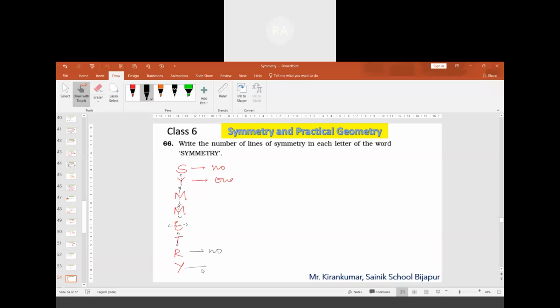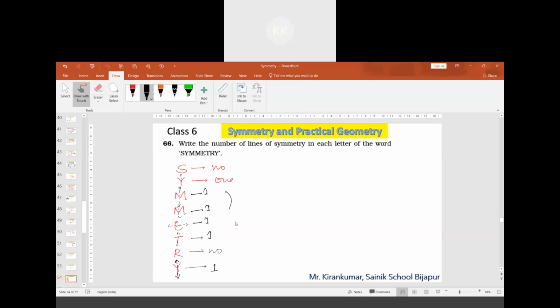In the letter Y, it is not given like this; Y is given like this. So there is one line of symmetry, with the upper side equal to the other.